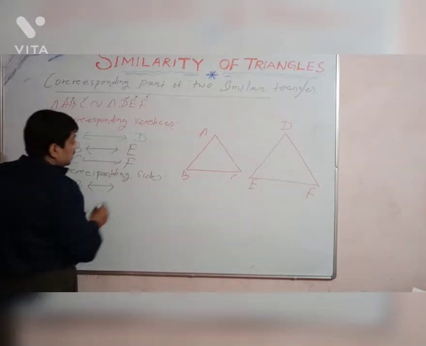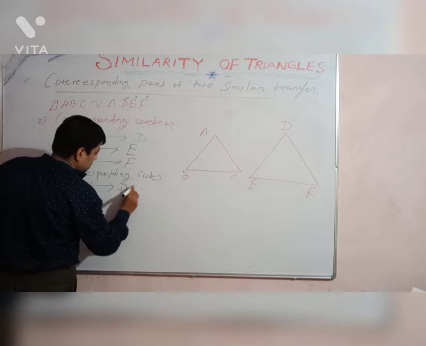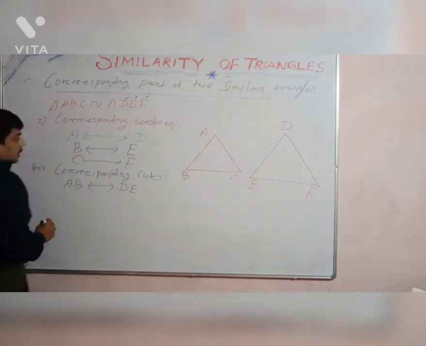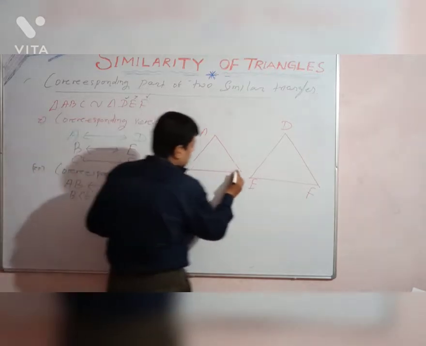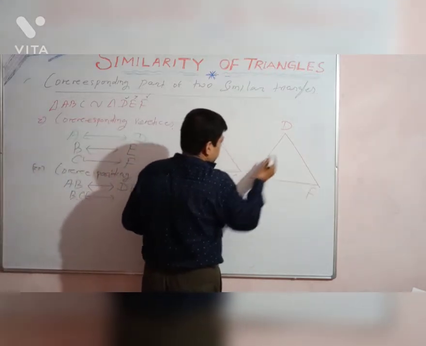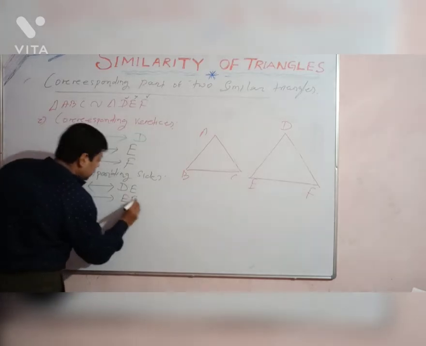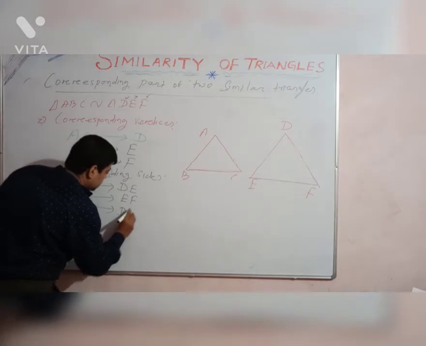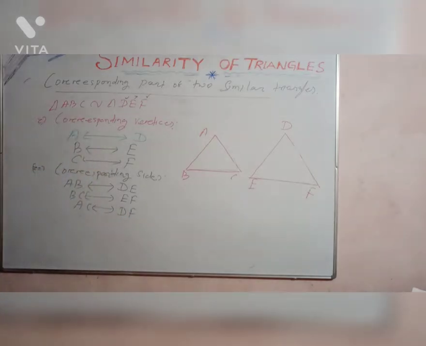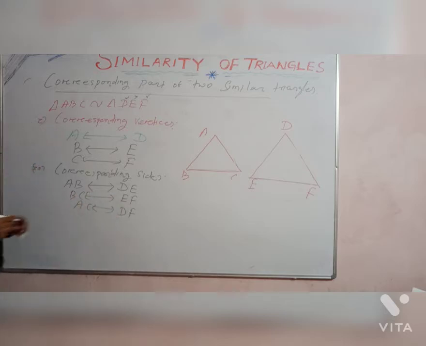AB's corresponding side is DE. BC's corresponding part is EF. And AC's corresponding part is DF. These are the corresponding sides of the similar triangles. It means AB upon DE is equal to BC upon EF, which must be equal to AC upon DF. This condition will be satisfied.